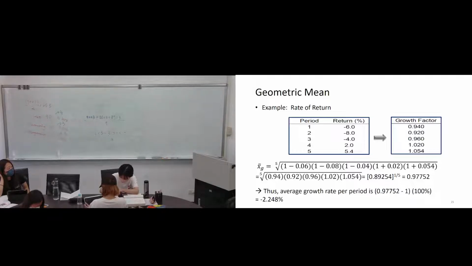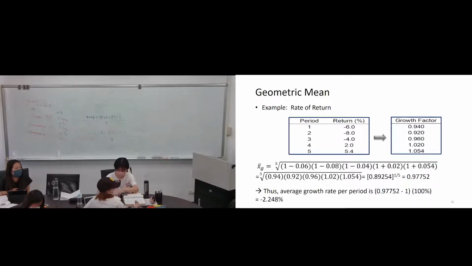This is the average growth rate per year. Why do we deduct 1 from that? Because when we invest, we should account for our original principal. So after we deduct 1, we multiply it by 100%. Then we can find the average growth rate per year.